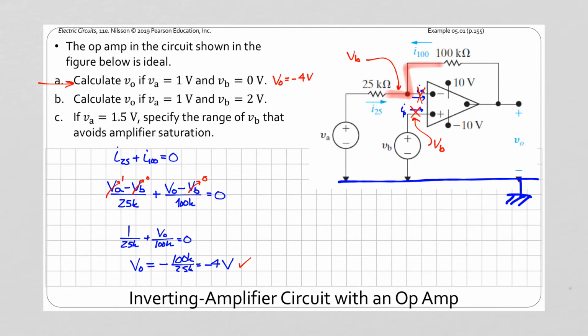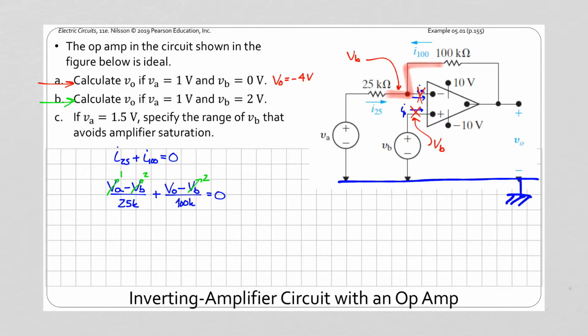For part B, we're asked to solve the same equation, but we have different values of VA and VB. And so what we can do there is go back to the same original equation and plug in the new values. We haven't changed the circuit at all, so we have the same currents flowing, we have the same expression, but now for the second part, we're trying to find VO when we have two different values of VA and VB, and so we can plug in those values as well.